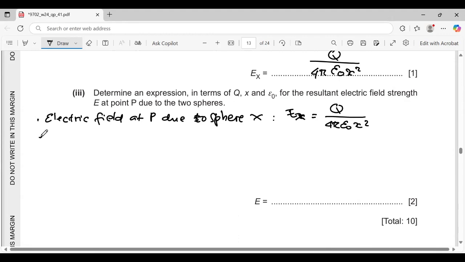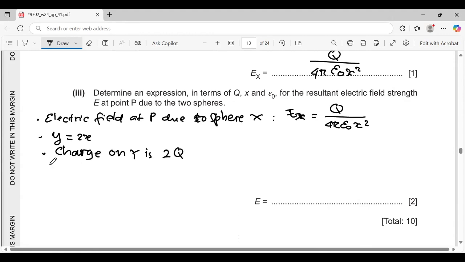And we have information as well that the distance y equals x from sphere Y to P. And after that, we have information also that the charge on Y is 2Q.